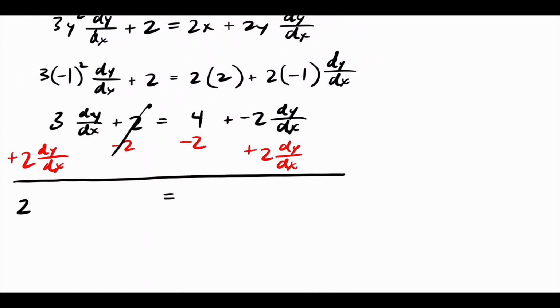So over here I get 2 dy dx plus 3 dy dx. 2 equals 2. So everything that did not have a dy dx, I moved it to the right of the equal sign. Everything that had a dy dx, I moved it to the left of the equal sign.